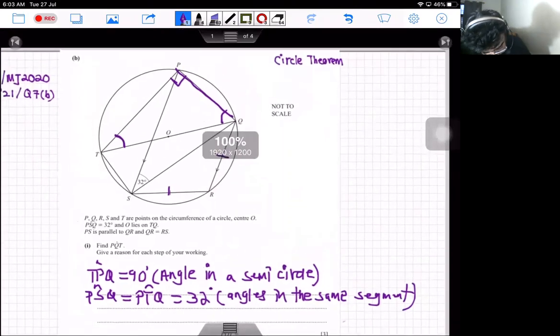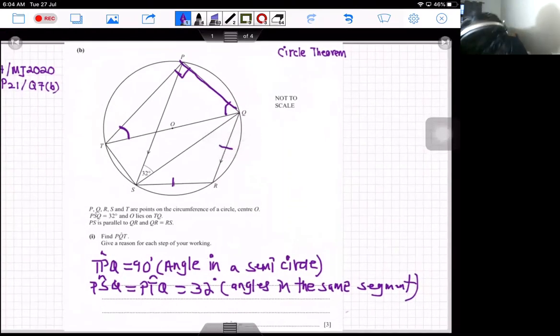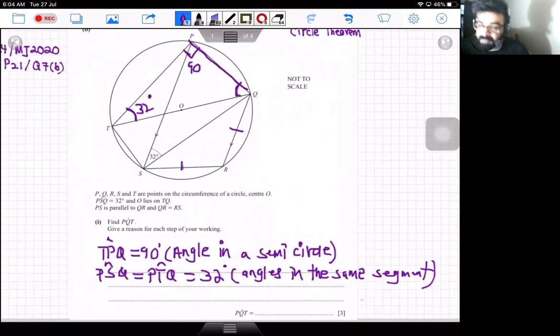Finally, once you are able to find this angle, you can easily find this one, because the sum of all angles in a triangle is equal to 180 degrees.